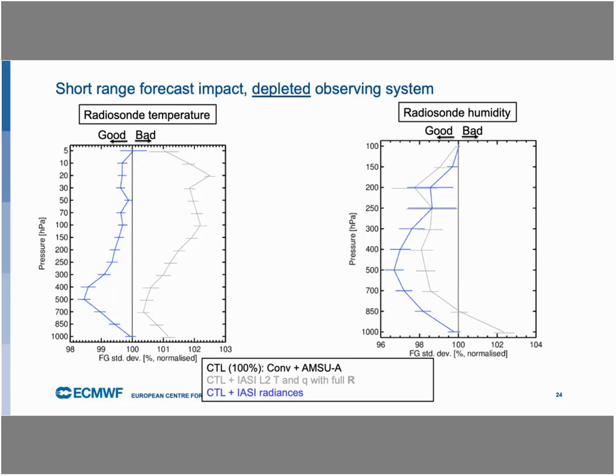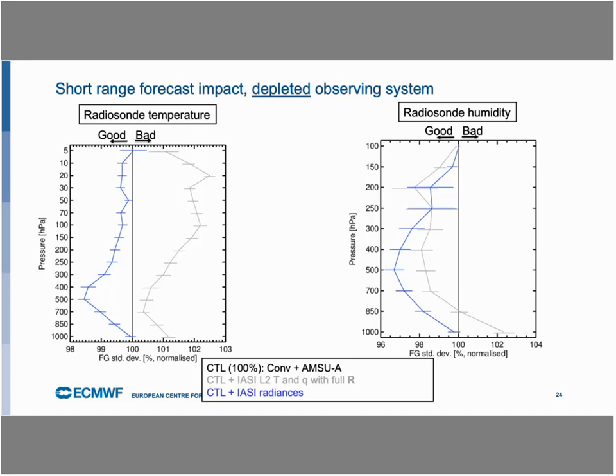The blue line is the EASI radiance experiment, and the gray line is the level 2 retrieval experiment. So it's very clear that for temperature, the assimilation of the retrievals brings degradation into the system, but for humidity, we are able to get a very similar impact as from assimilation of the radiances.